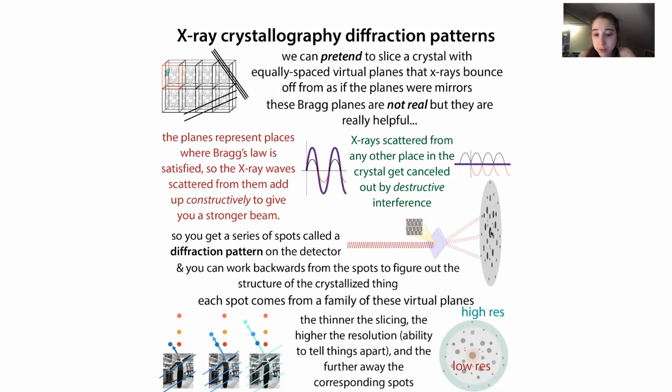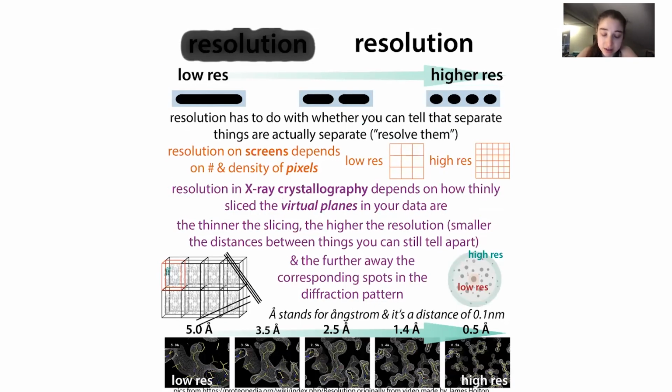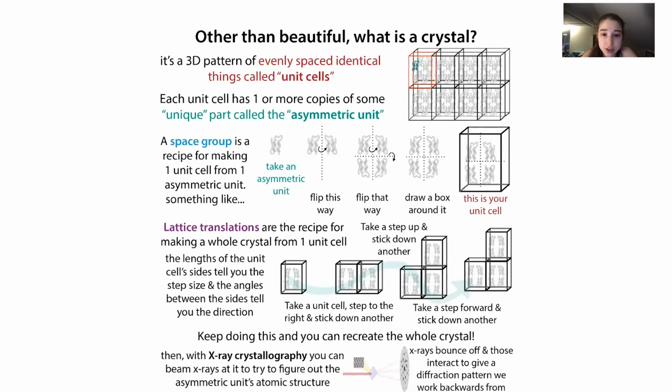But in reality, we're usually limited by the protein, by the crystal. And you can imagine there are different things that could limit the resolution. One would be defects in the crystal. With the crystal, everything has to be very orderly. That's the definition of a crystal.